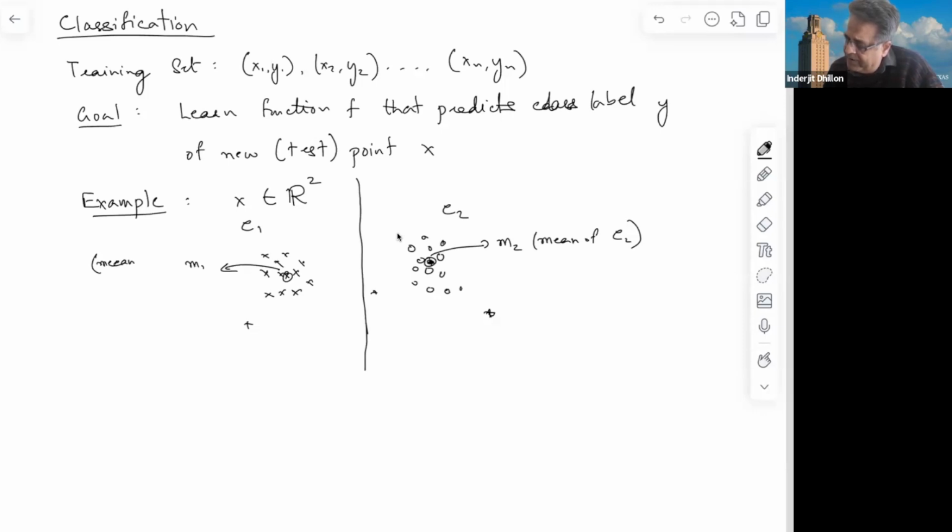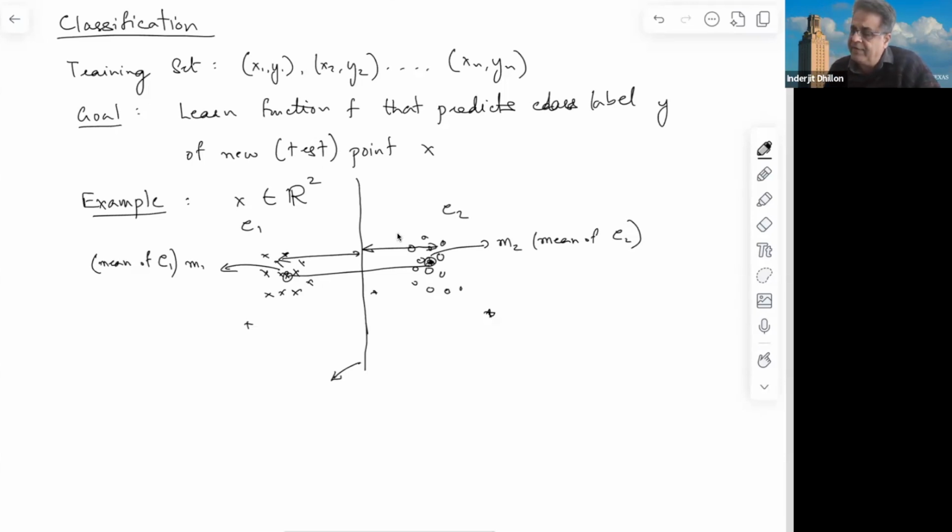So this is the mean of all the x's. Mean of C1. Okay. And then what would be kind of the equation of this line? Well, it's equidistant from, I might actually choose it to be equidistant from M1 and M2, right? That this distance is the same as this distance, right?